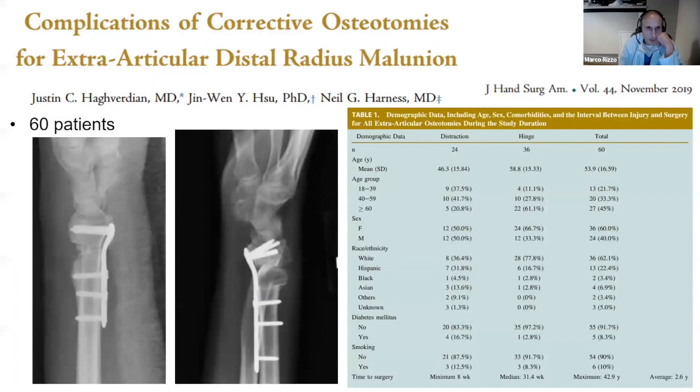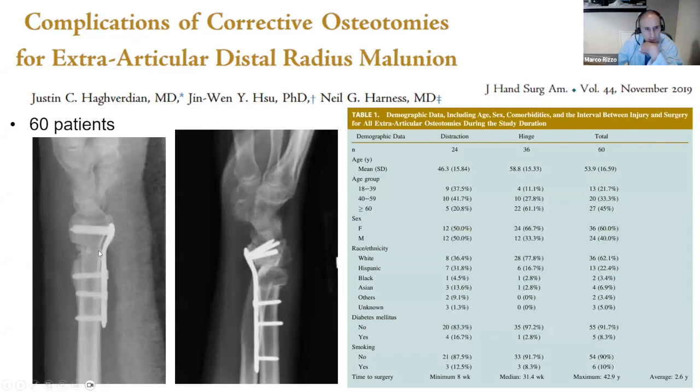So another study that I pulled up sort of highlights a little bit of this, and I'm going to share the study before I share the complication. So this is a study that was actually out of Emil's group in California, looking at 60 patients who had fixation, and they divided them into two groups: hinge type and distraction type.